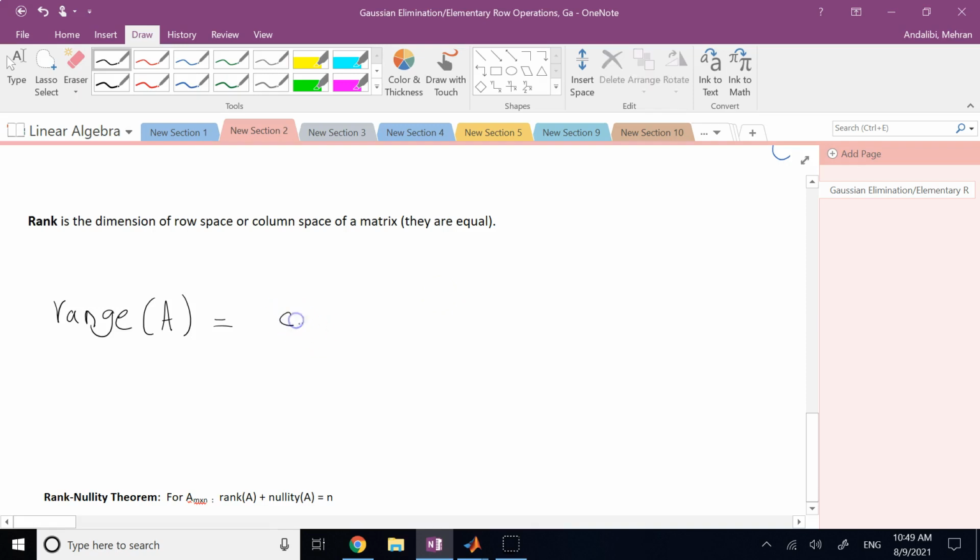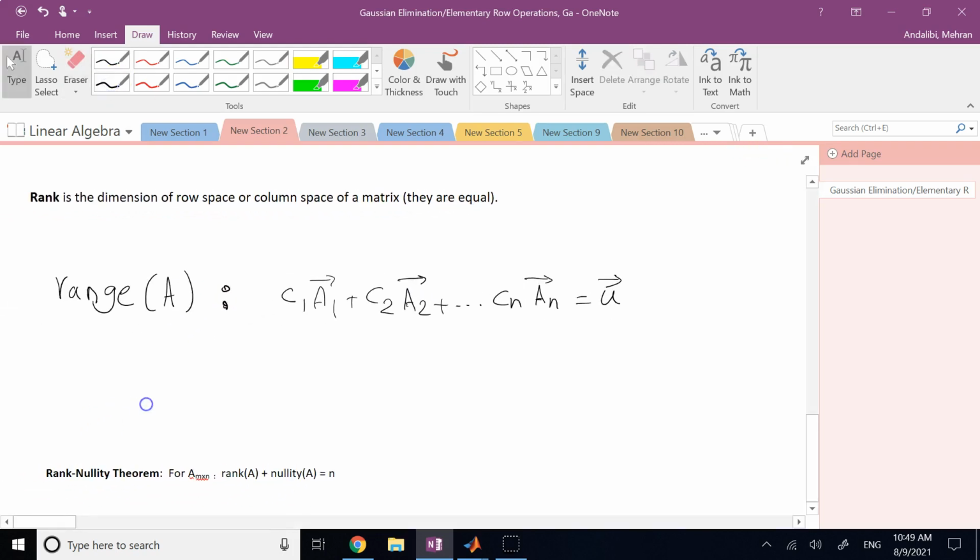So it is going to be C1 A1 plus C2 A2 plus all the way to Cn An. So any vector U of such format, where these vector A's are columns of A. So your A matrix is these columns A1, A2, all the way to An.